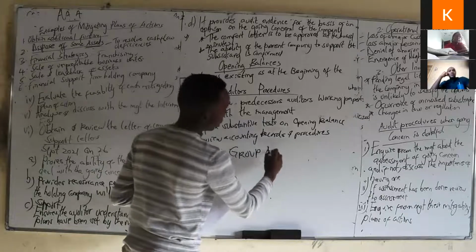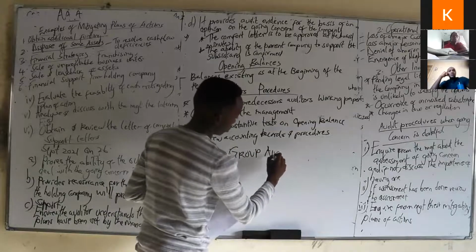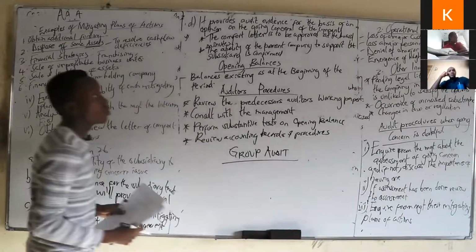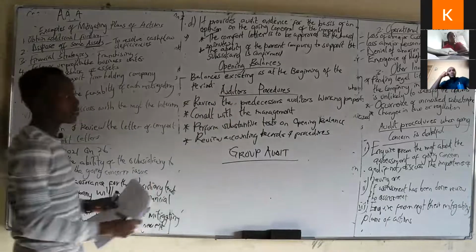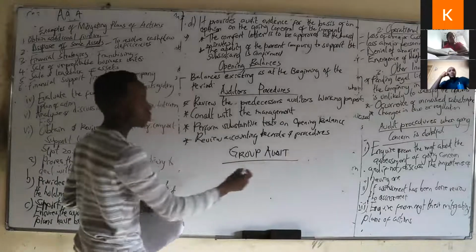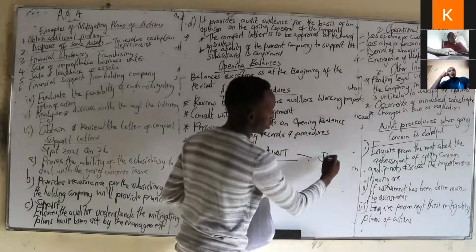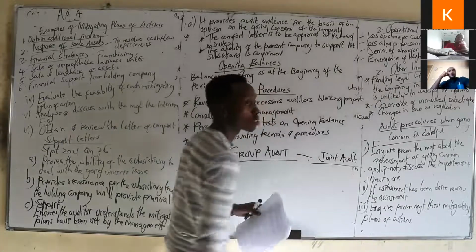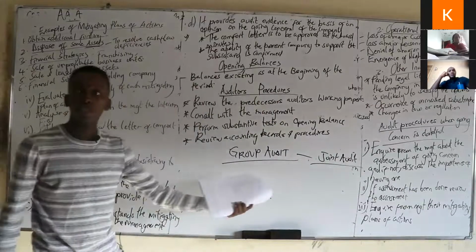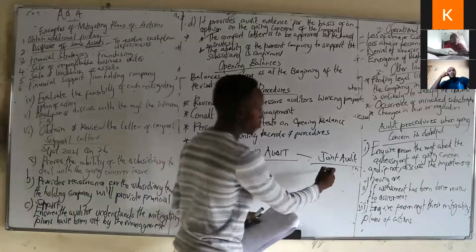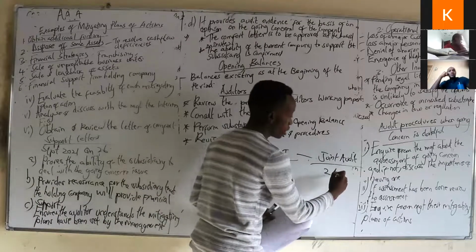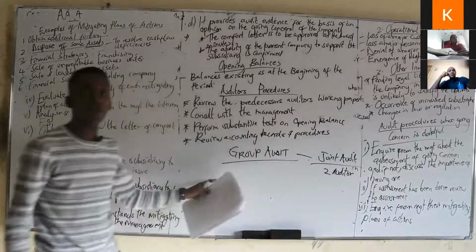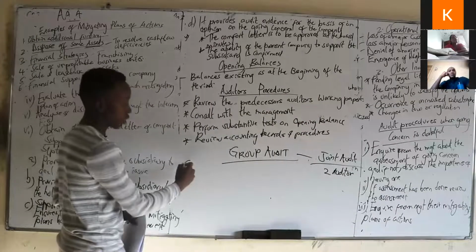Now this one, the group audit, is whereby you're conducting an audit of the group accounts, and this also brings in the concept of the joint audit. When we talked about the approaches to audit, we discussed the joint audit, whereby you have more than two auditors auditing the same client. For example, in the group audit, you'll have what we call the component auditors.